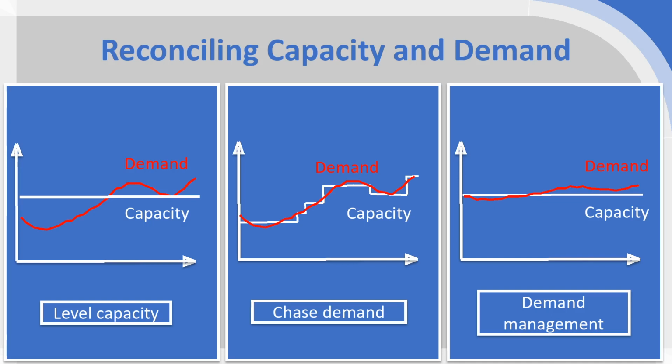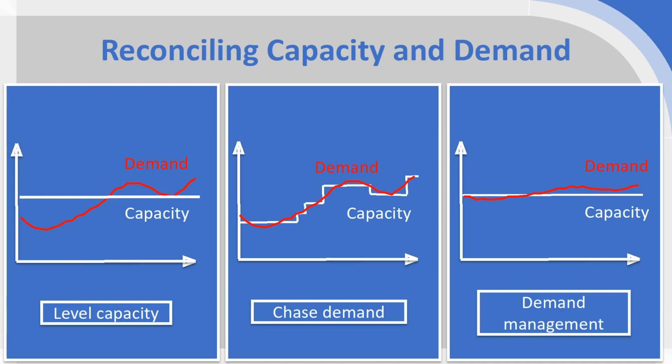And it also depends on the kind of strategy you're following. So remember that the role of operations in relation to strategy does differ on how developed the operations function is. So that plays a key role as well. So two companies in the exact same industry dealing with the exact same types of products, and the same marketplace, may have different approaches to reconciling capacity and demand, depending on the maturity of their operations function and its relation to the overall strategic objectives of the organization.